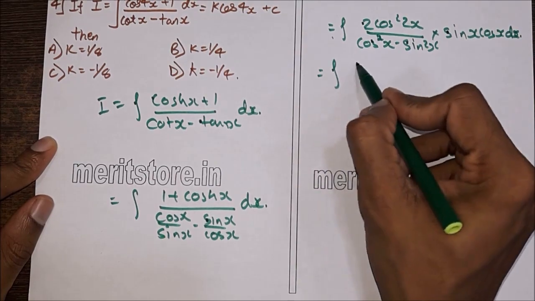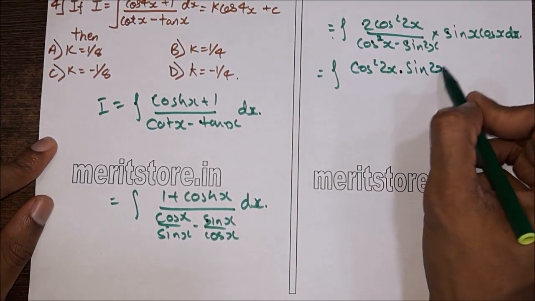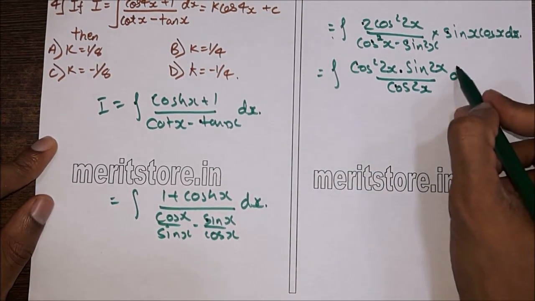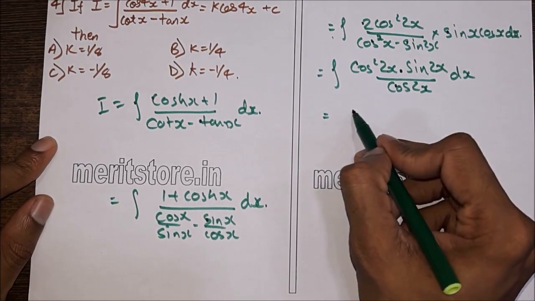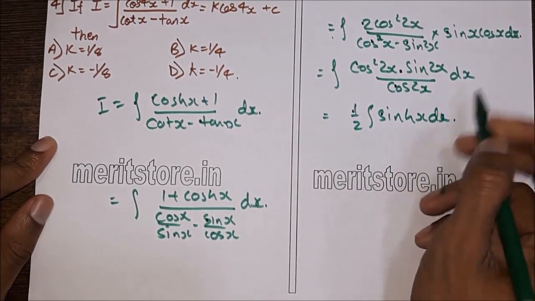You can write this as integral cos square 2x into sin 2x upon cos 2x dx, which we can write as half integral sin 4x dx.